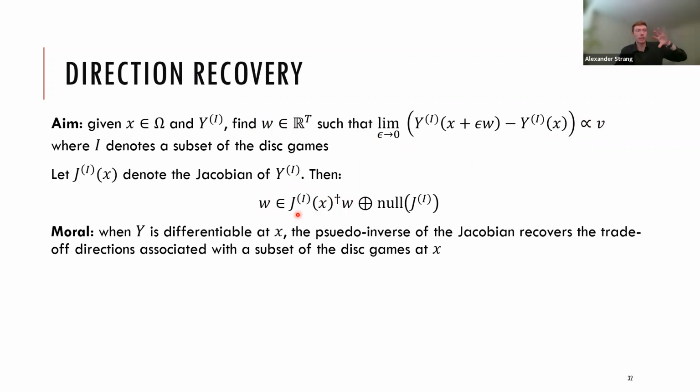And this Jacobian map actually encodes a lot of relevant information about the game. In particular, the Jacobian is encoding what that angular trade-off direction is in the original trait space, and it's encoding the relationship between those two things. So that's an example where the differential geometry matters here.